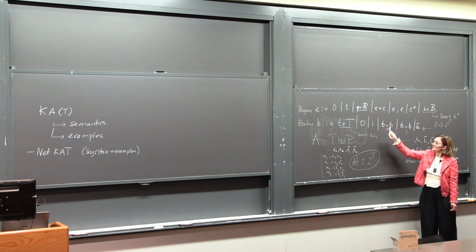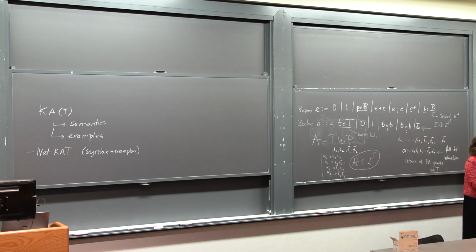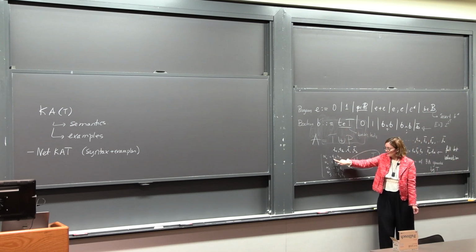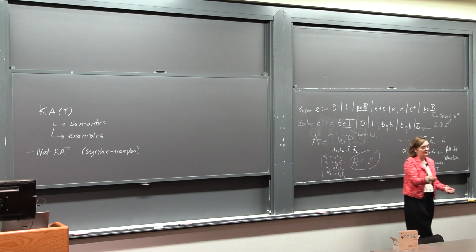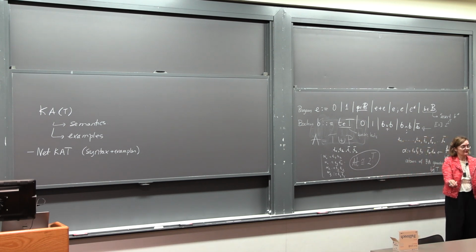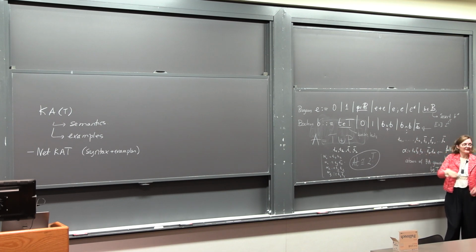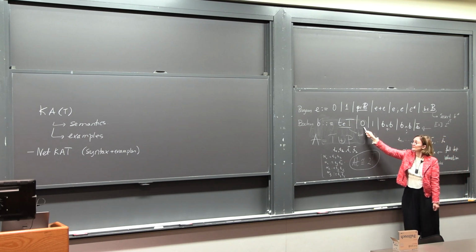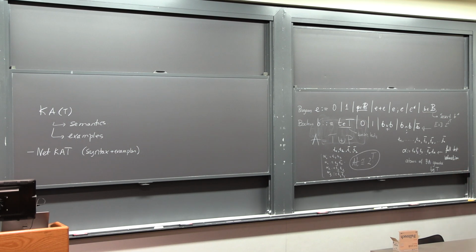Because every basic test induces a set of atoms. The only thing that every basic test tells me is what happens in one place, and all the rest is up for grabs. So I have to get a set of atoms. And then I take intersection, union, the empty set, and the set of all the atoms.